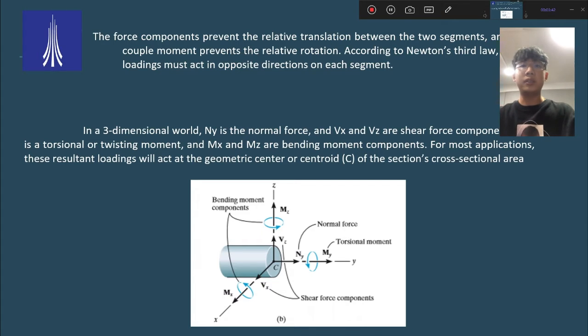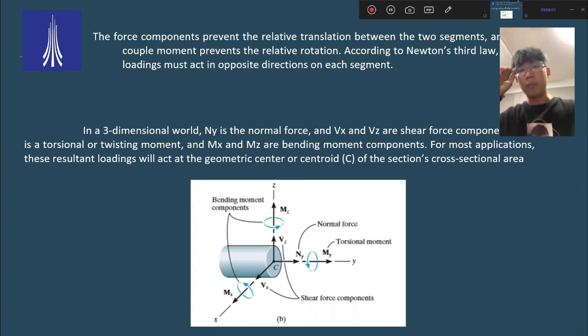And for most applications, these resultant loadings will act at the geometric center. As you can see in picture B, it is in the center, and it's also known as the centroid of the cross-sectional area.